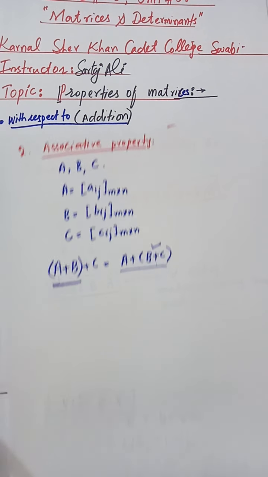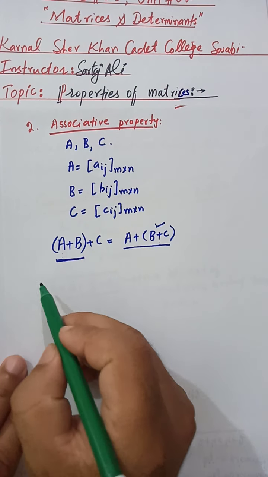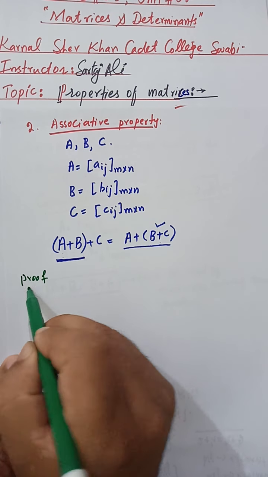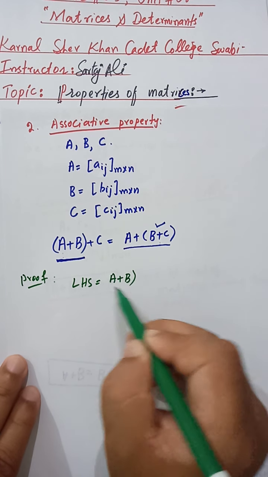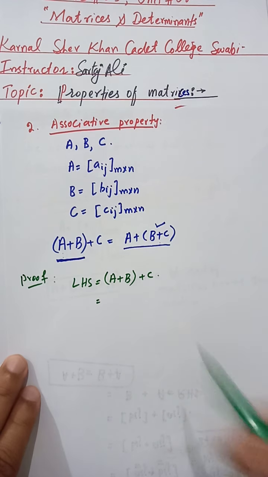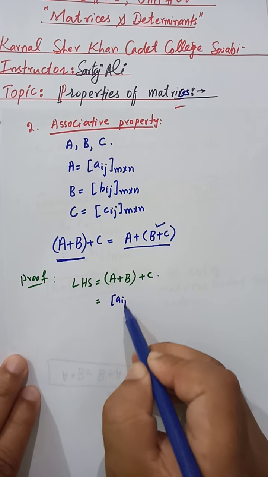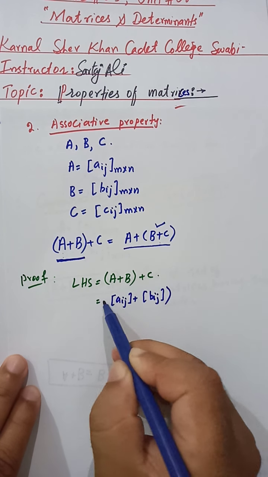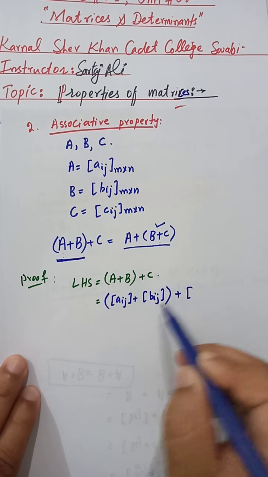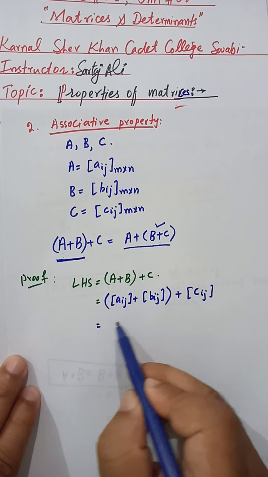What will be the proof? In general, we can also prove this. I am considering the left hand side for the proof, and the left hand side is (A + B) + C. You know that this A is actually small aij, this B is small bij, and this will be added first, and then the result will be added with this.